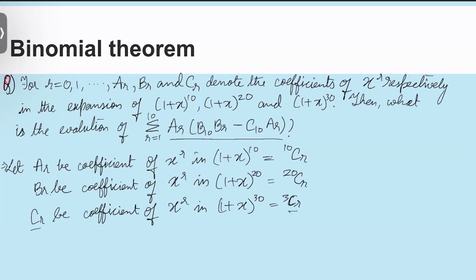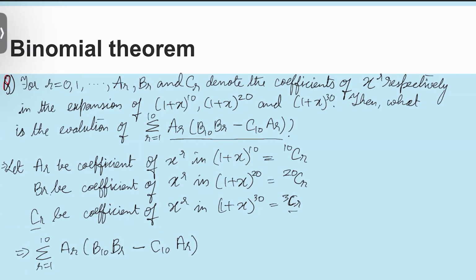Okay, so now what we are given is the summation over r going from 1 to 10 of A_r (B_10 B_r minus C_10 A_r).